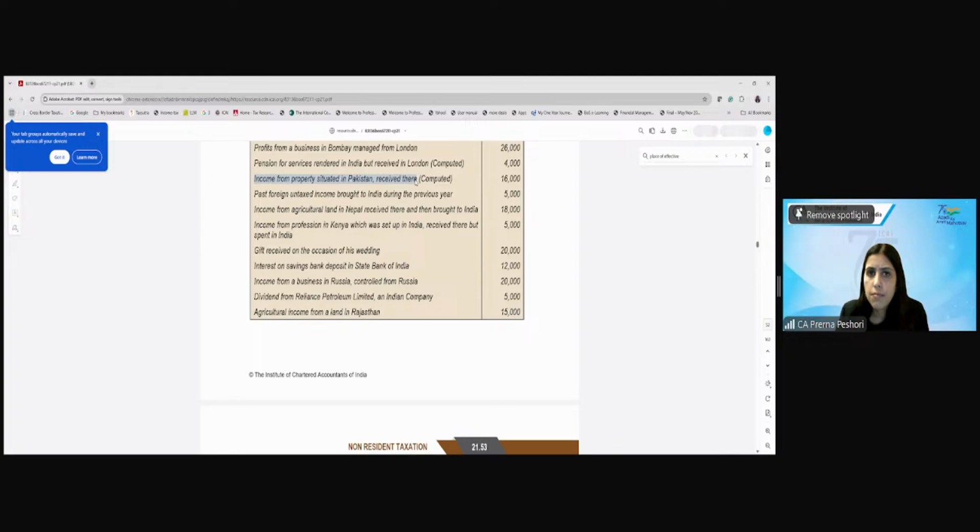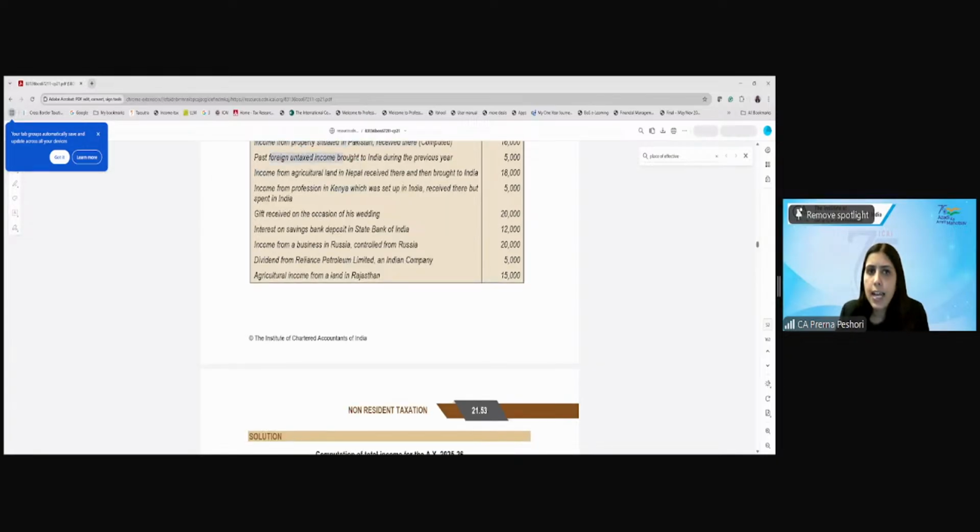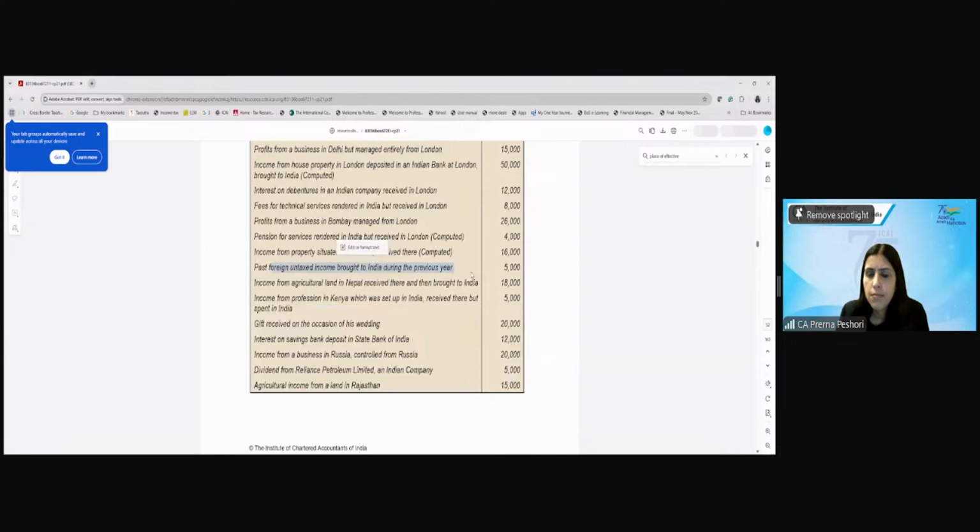Only for resident taxable and others not taxable. Past foreign untaxed income brought to India during the previous year. Resident taxable, others not taxable.